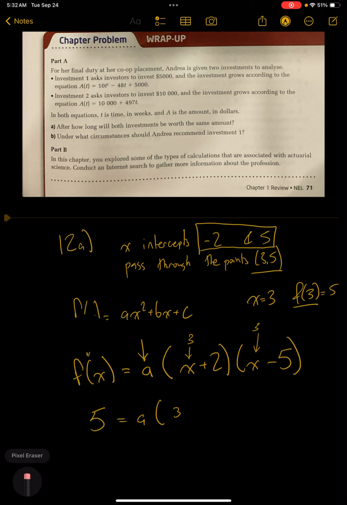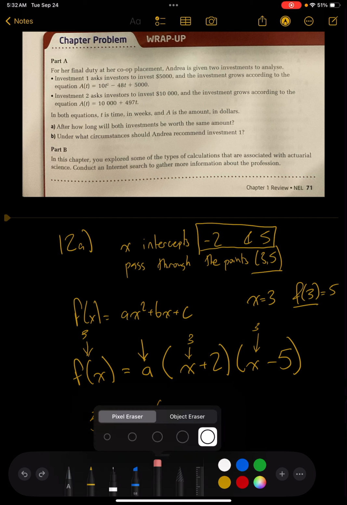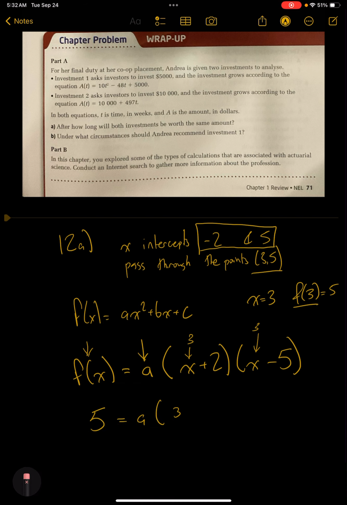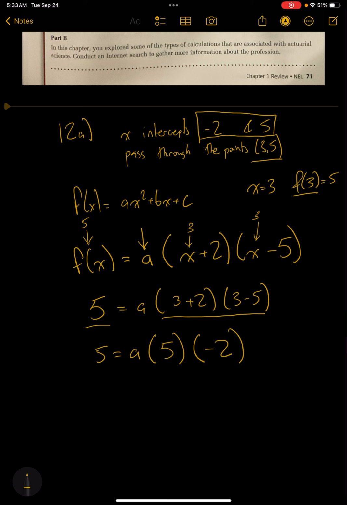So, oops, let's write that nicely. And I really need the pixel eraser. The object eraser. So 3 plus 2 and 3 minus 5. And what we end up with is 5 equals a times 5, and 3 minus 5 is minus 2.